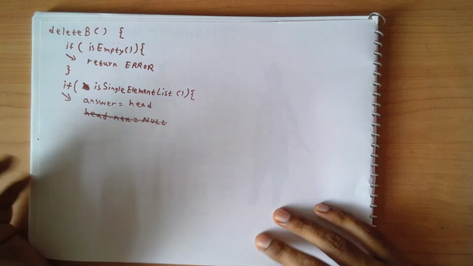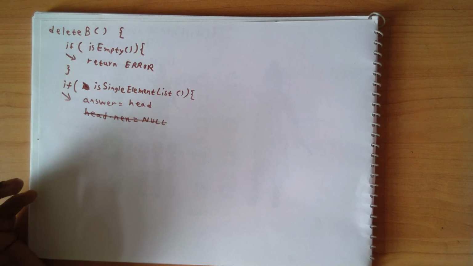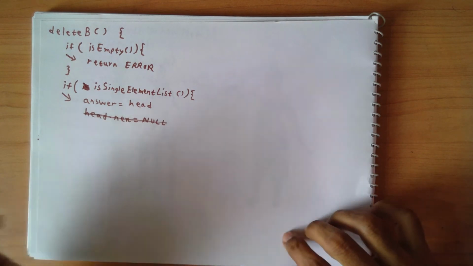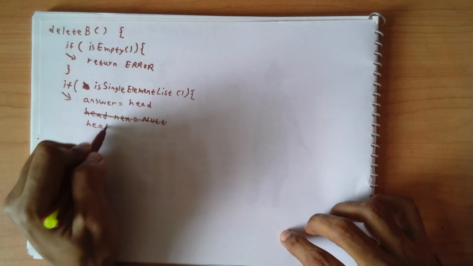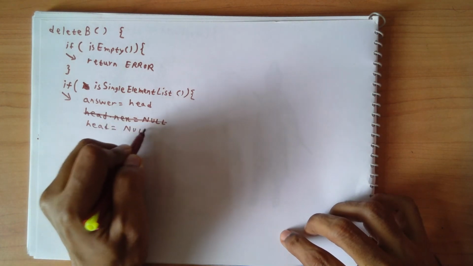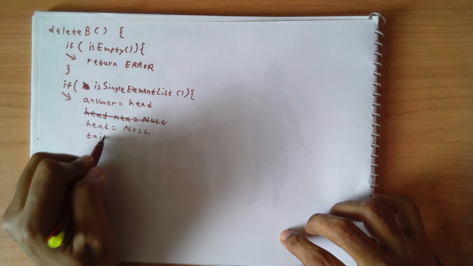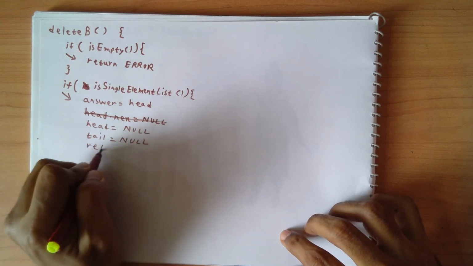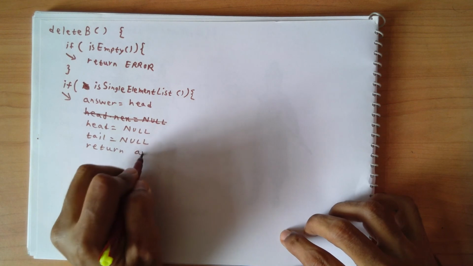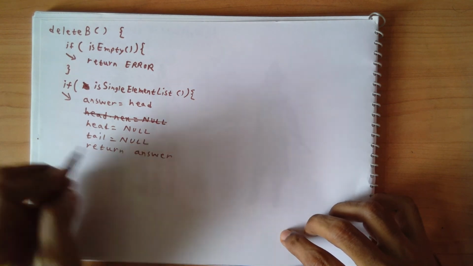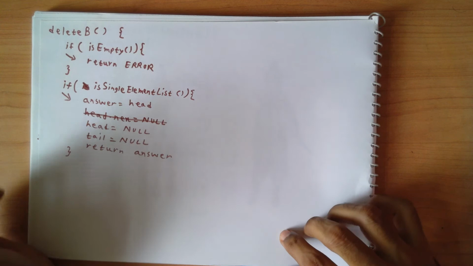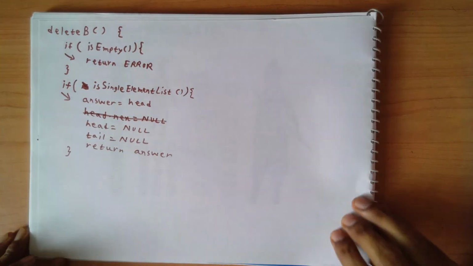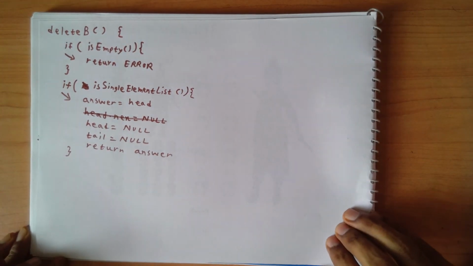Because it's a single element, we know that head.next is null and head.previous is null. So our answer is head, and I have to set head equal to null and also set the tail equal to null, and then return my answer. That's how I will deal with deletion from the beginning in a list with just a single element.